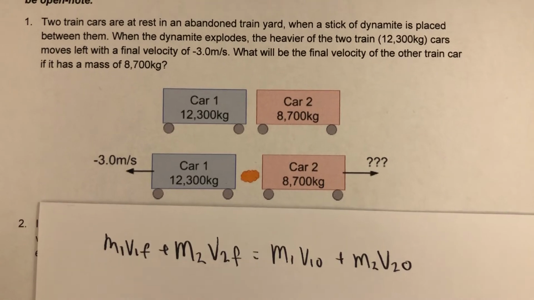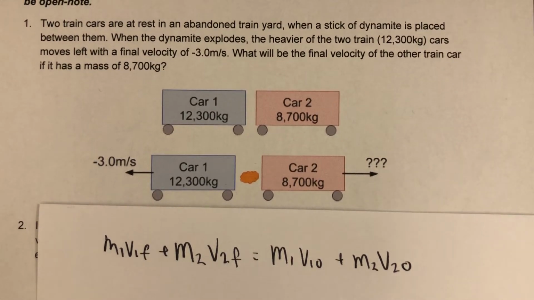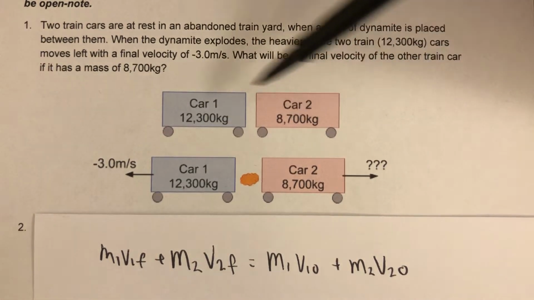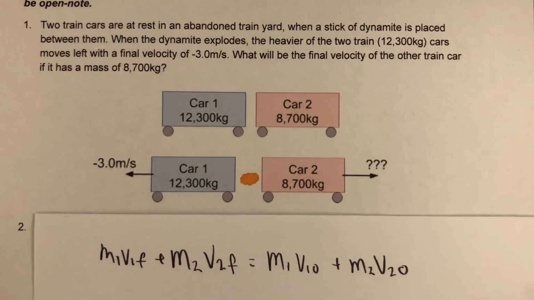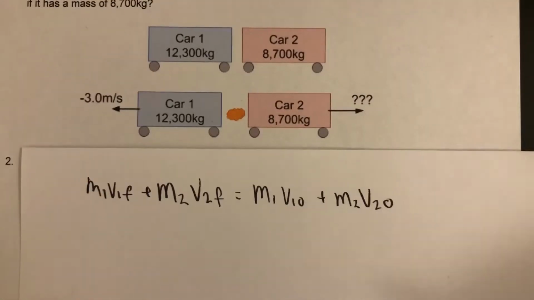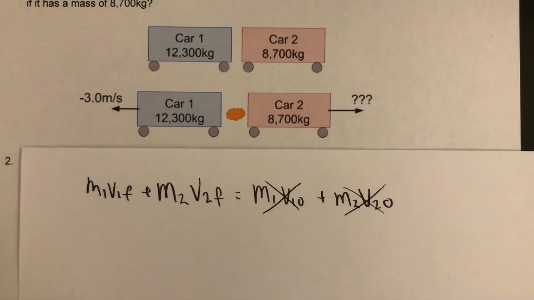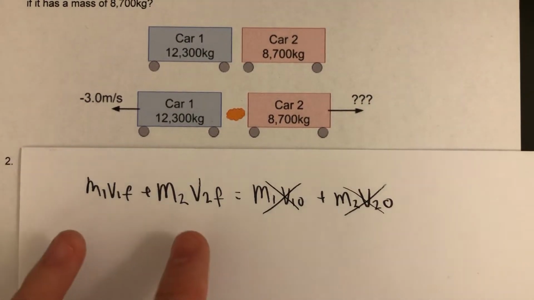The unique thing about this problem is that both of our initial velocities are 0. As it's stated in the problem, and as we see in the picture here, they're at rest initially. So that means V1 initial and V2 initial are 0. So these 2 terms are going to cancel out entirely. They gave us everything else we need to solve.